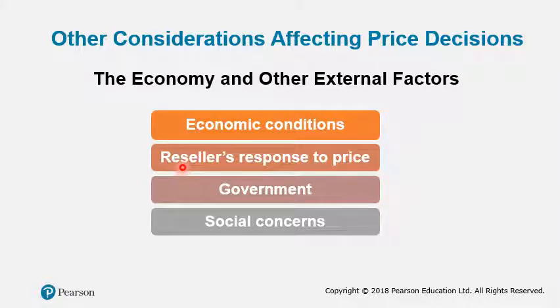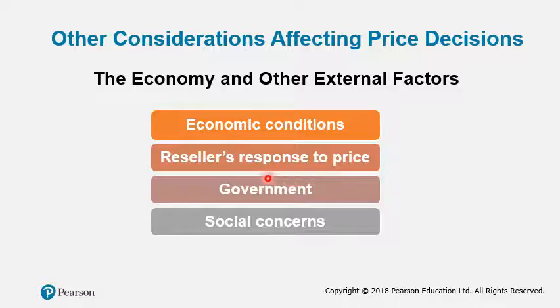It also all depends on the resellers' response to the price, because resellers typically get their products from the manufacturer or from the wholesalers. So as these manufacturers charge higher prices, the resellers will respond to that and therefore charge higher prices to the customers.